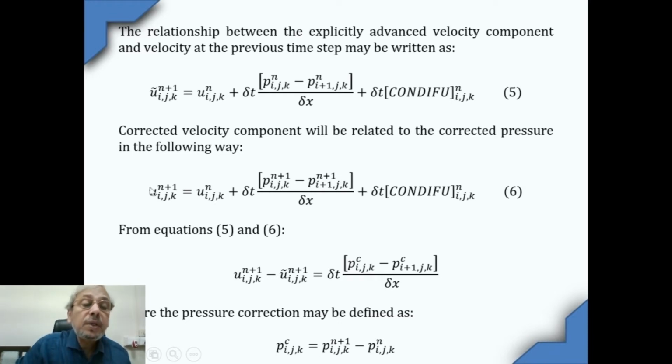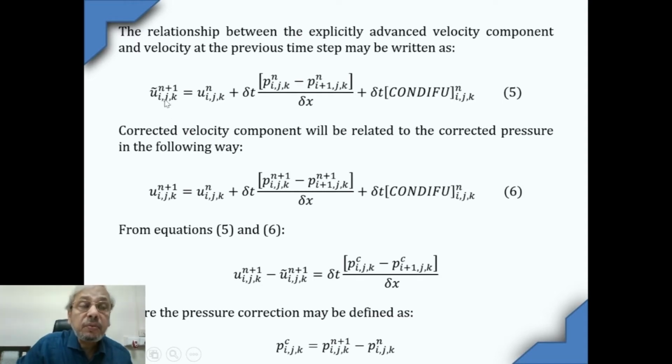Then we could have written u_ijk at n plus 1, and we would not have had to use the tilde sign. So if the pressures are at a level n plus 1, these velocities will evolve as velocities at a level n plus 1, not provisional velocities at n plus 1.